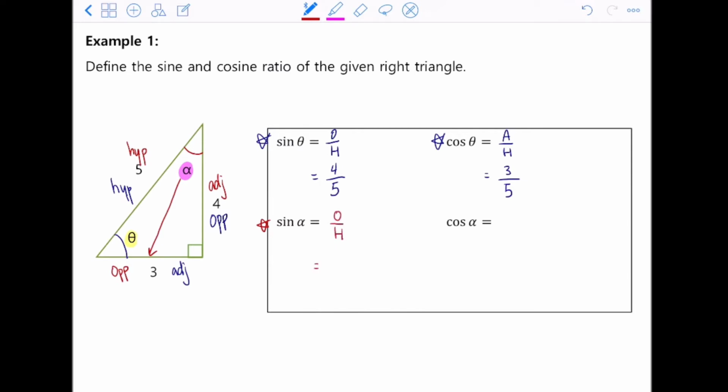Opposite this time is 3, and hypotenuse is 5. For cos alpha, the ratio is adjacent over hypotenuse, and adjacent relative to angle alpha is 4. Hypotenuse is 5. Understand that the names of the sides are relative to the angles.